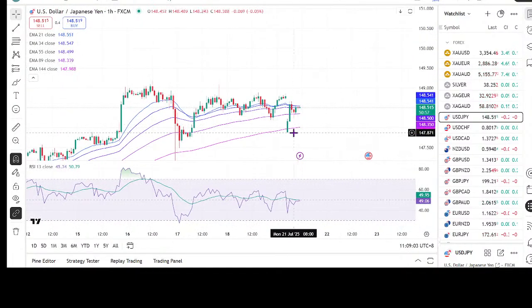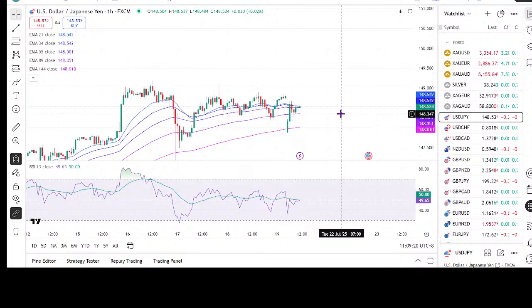Today market open, I think there was a gap down, then the market started to move up. So I'm not sure whether this data is right or this is a bad tick.